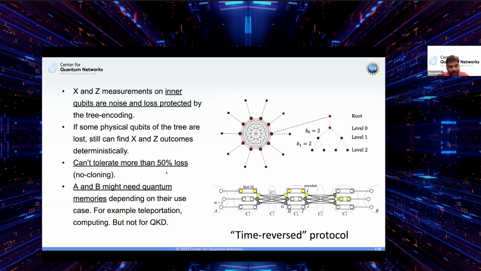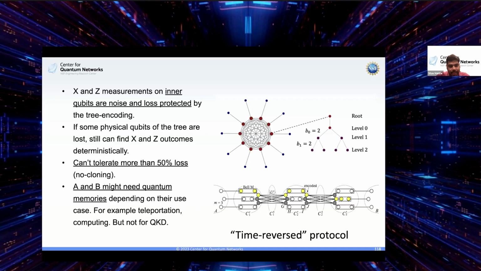Now, another very important point here is that even though this can tolerate loss and noise both, it cannot tolerate infinite loss, right? If a very high percentage of photons are lost, then you cannot recover things. So very much like bit flip noise, for example, if you have more than a 50% probability of your bit flipping, then no matter what code you use, it's not going to correct that bit flip.